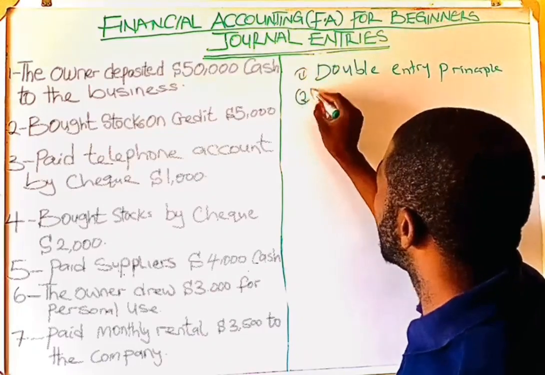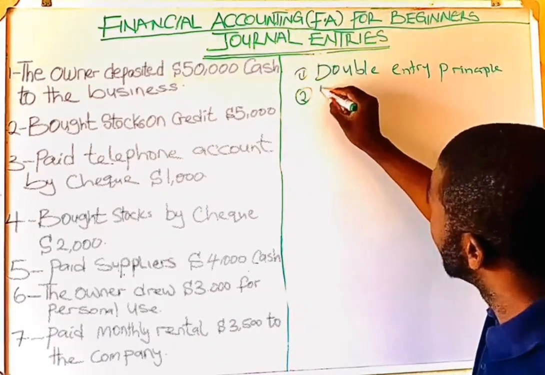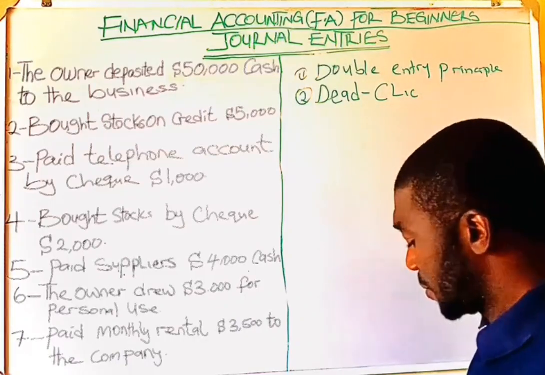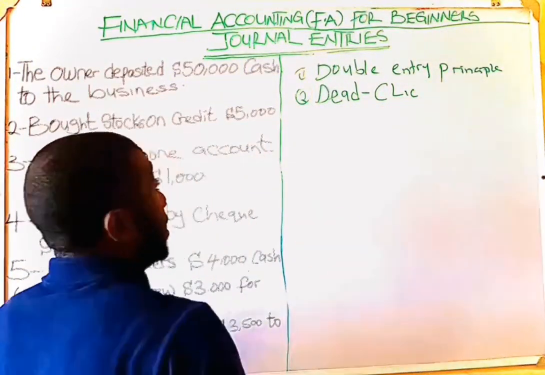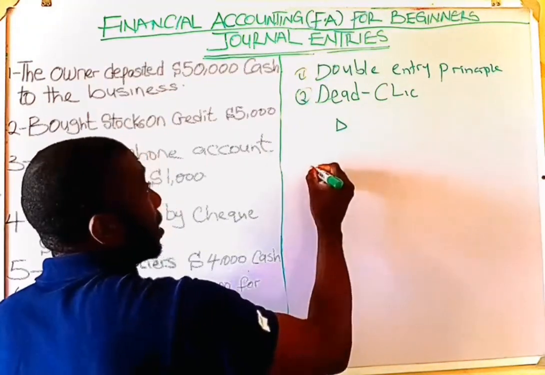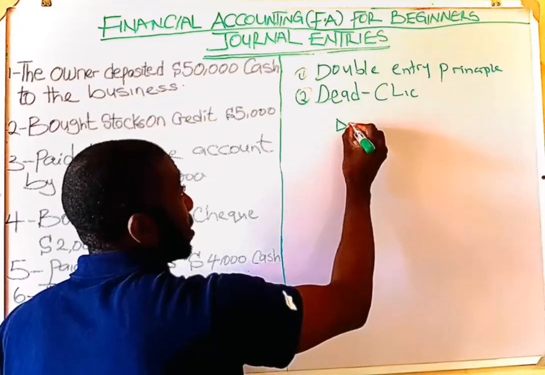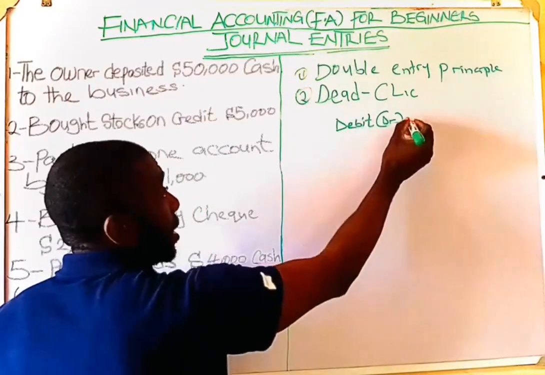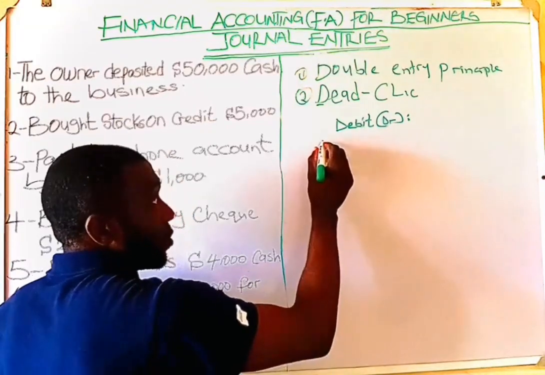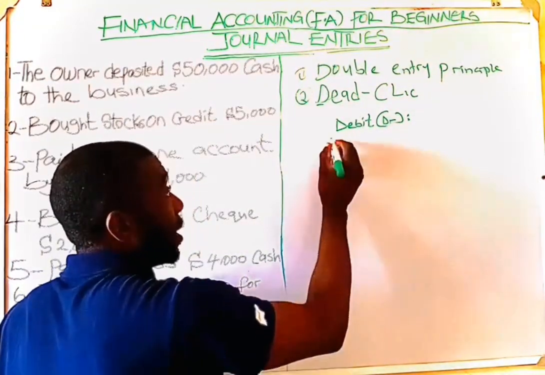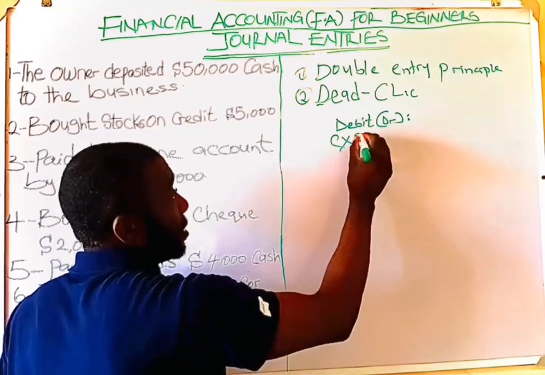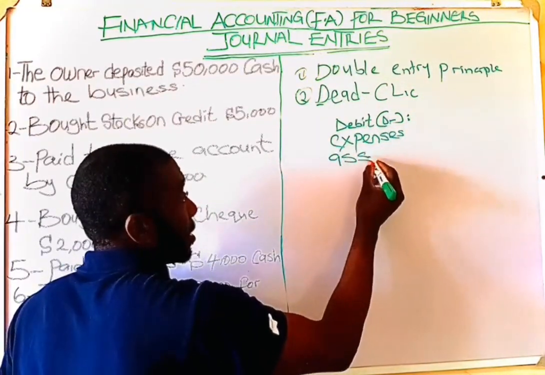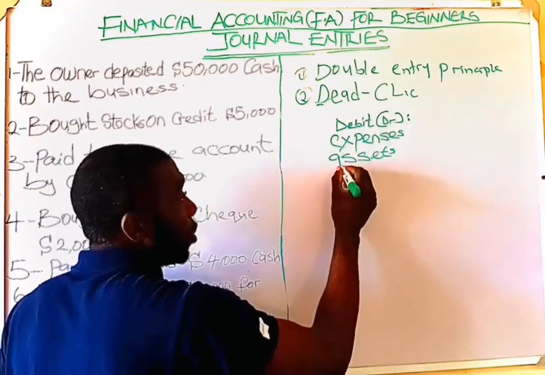It is an acronym: DEAD CLIC. The big D is the debit, which is also written as Dr. Under the debit, the items you are to debit are the expenses, E. Don't forget, A is the assets and D is the drawing.